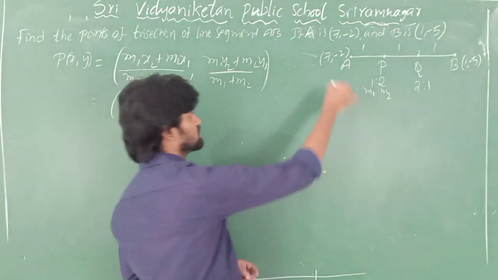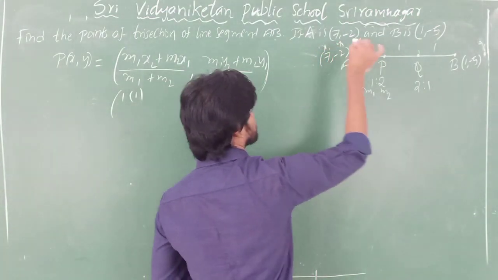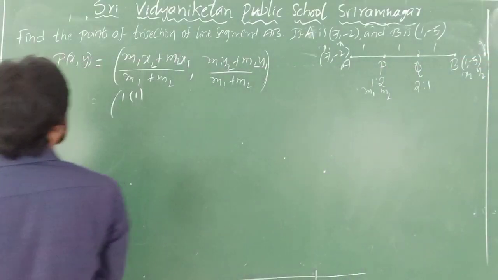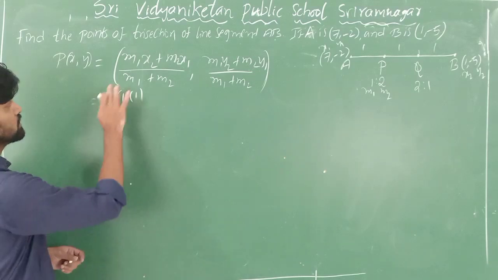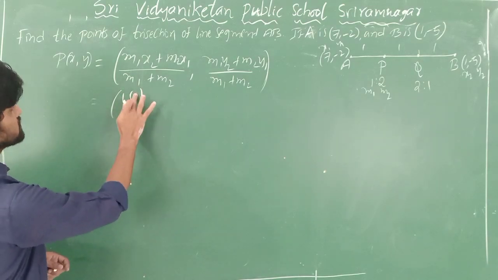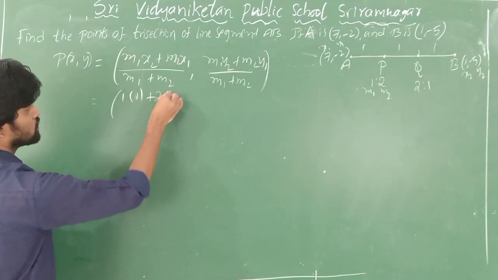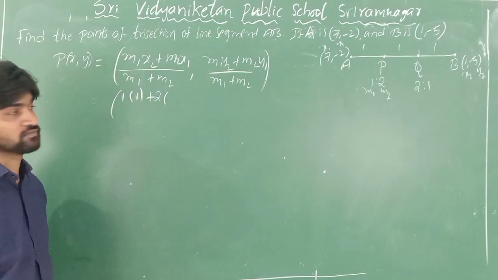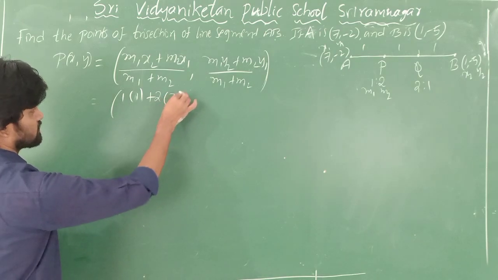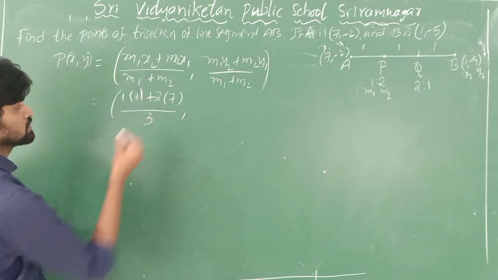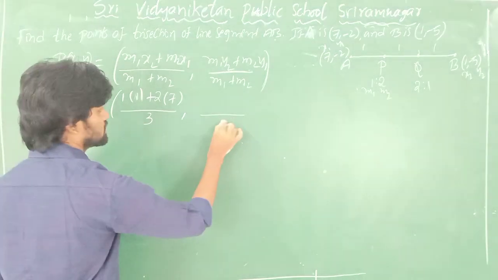You can mark with pencil here. X1 by 1, X2 by 2. So M1 X2. We need X2. What is X2? It is 1 by 2. Plus M2. M2 is 2 into X1. What is X1? It is 7. Divided by M1 plus M2. 1 plus 2 is 3. Here also the denominator is 3.